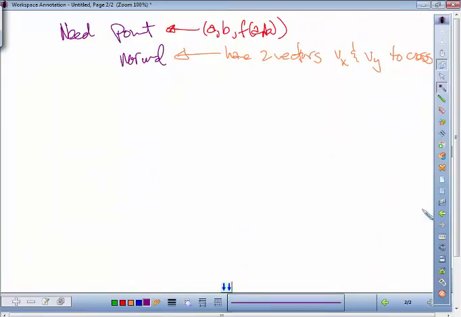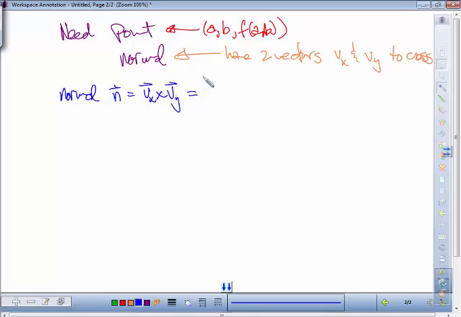Which way should we cross this? X and Y? Okay. So let's call it N, Vx cross Vy. So Vx was, which one was Vx?